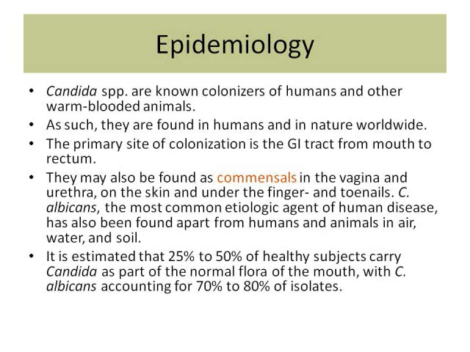So they are commensal, especially in the vagina and urethra, on the skin, and under the finger and toenails. Those are typical areas where these are found on human beings as commensals. They're also there in air, water, and soil. There are estimates that about a quarter to half of us may have this species as normal flora.